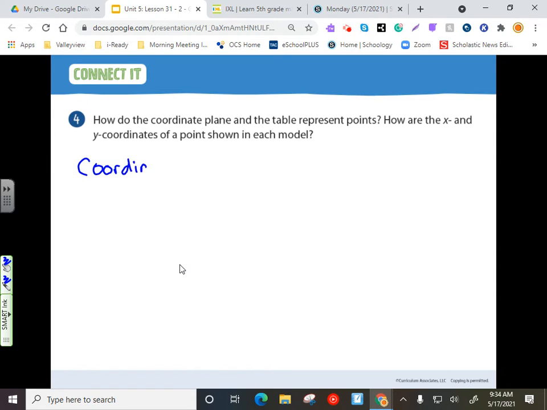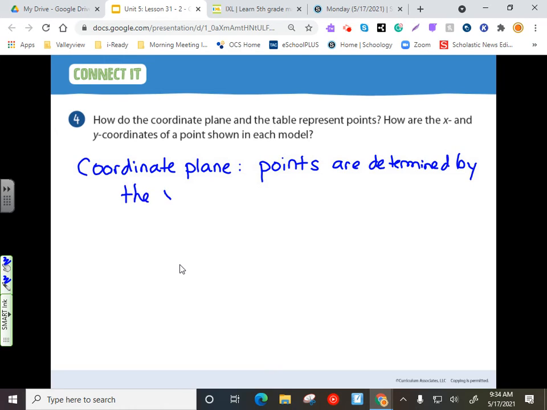On the coordinate plane, the points are determined by the x and y coordinates or the ordered pairs.